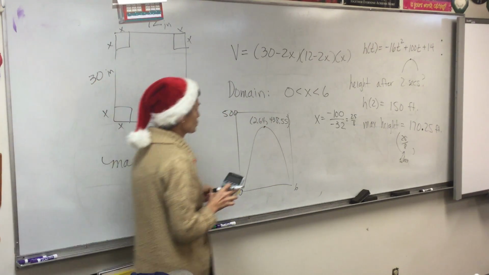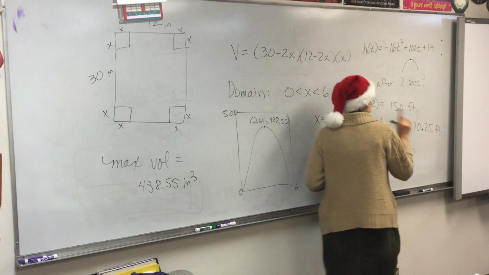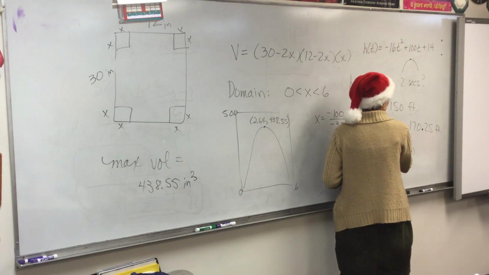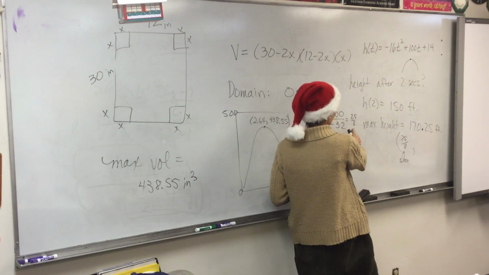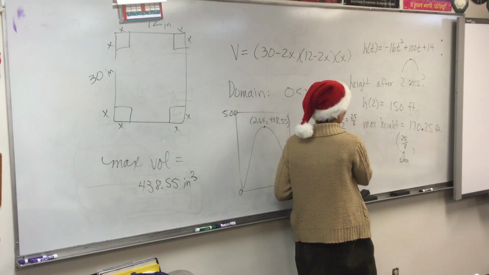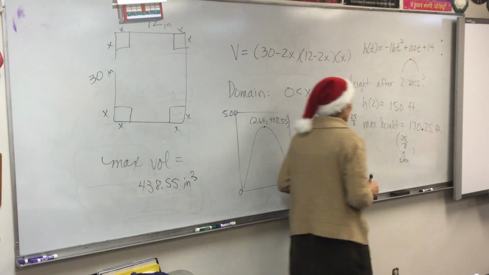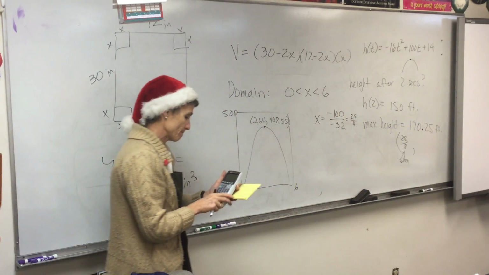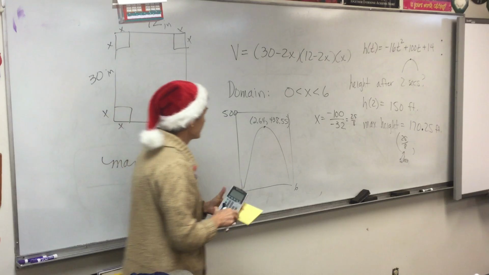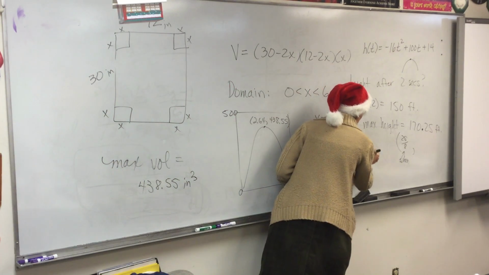Okay, so if the question was, when do we reach the maximum height? Then it's the 25/8. It's the x coordinate of the vertex. That's the time. If it is, what is the maximum height? Then I plug that in and get 170. And then the third question is, when does it hit the ground?